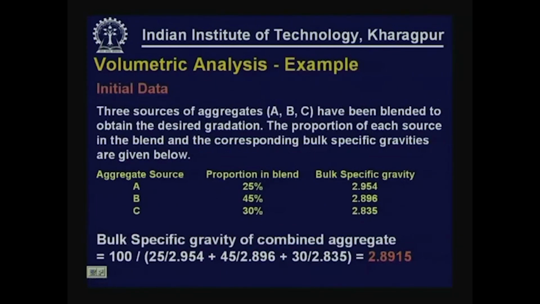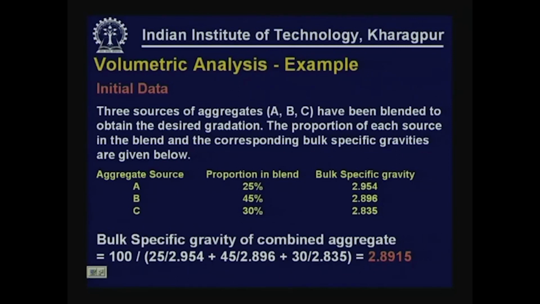A typical example of volumetric analysis is given here. For example, suppose we have initial data wherein we have taken 3 different sources A, B, C of aggregates, blended in, let us say, the proportion 25%, 45% and 30% to obtain the desired gradation, and the bulk specific gravities of sources A, B, C are 2.954, 2.896 and 2.835 respectively.